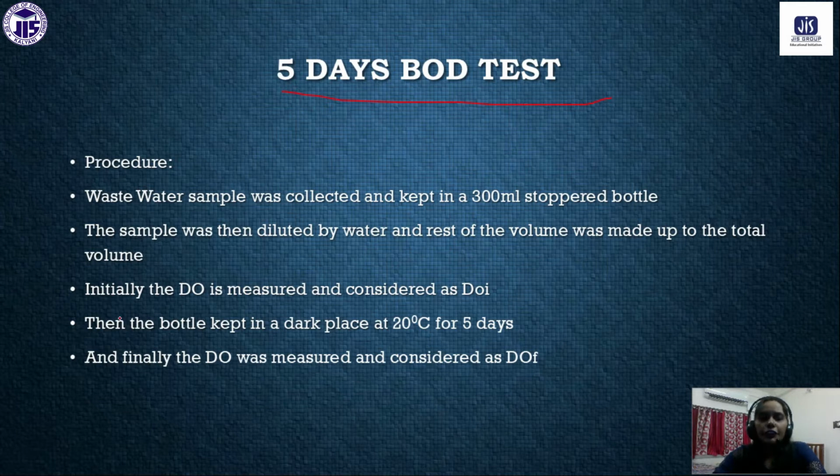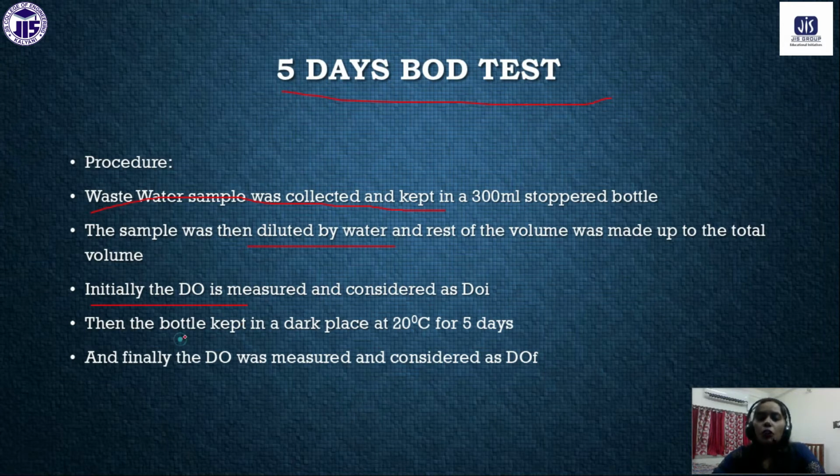So this is the procedure of the 5-day BOD test. As I told you, we have to collect the wastewater, then dilute it with water, and initially the dissolved oxygen will be measured.